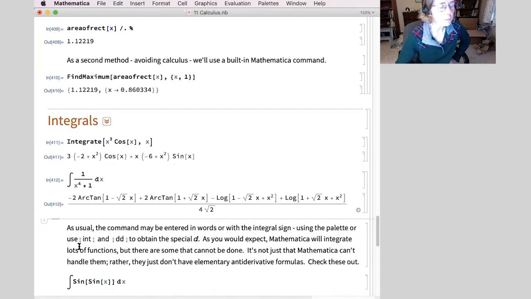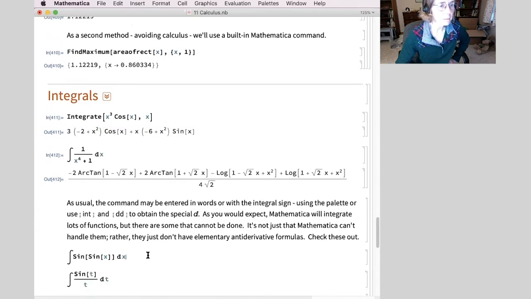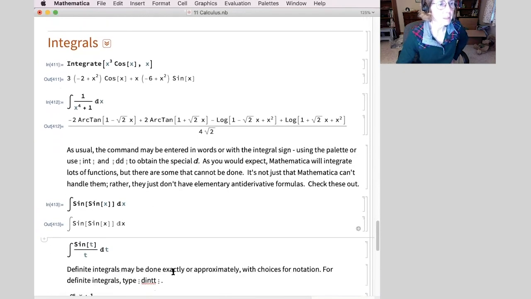To do this with keystrokes, Escape, int, Escape, and to get the special d that goes with the dx, or whatever variable I am using, Escape, dd, Escape. All right, so I can write this in, but of course, there are some that just cannot be done mathematically. And so it just kind of spits that back at you.